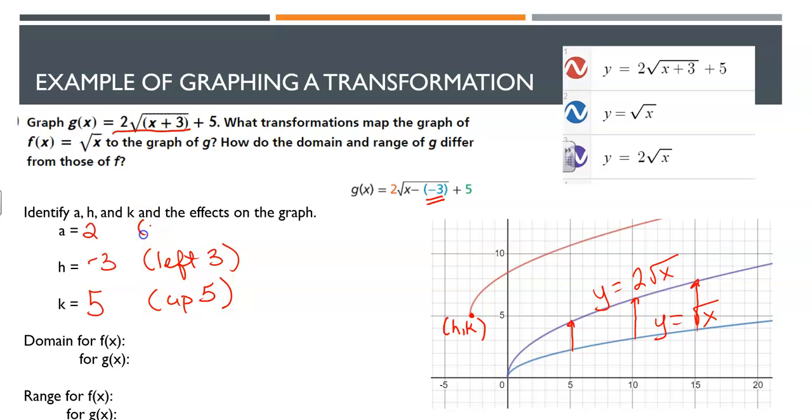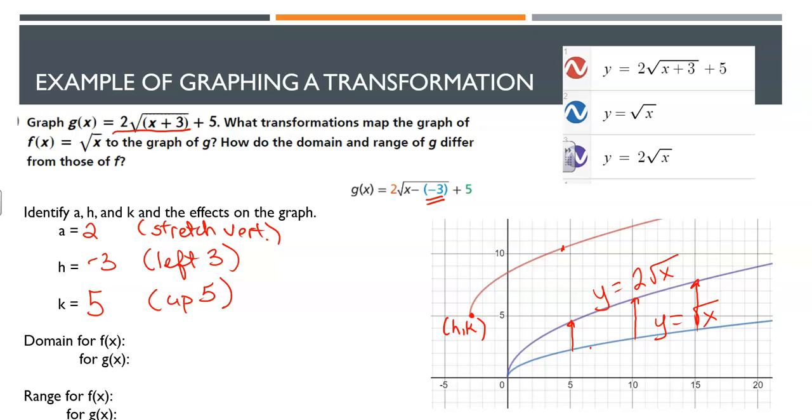And then I stretched it vertically. So when that happens, if I compare this shape to the blue one, you can see how that moved. The h, k was 0, 0, and now it's -3, 5, that point right there.